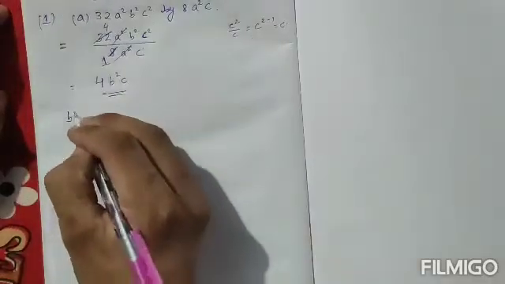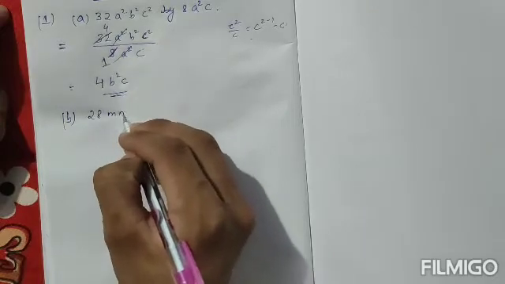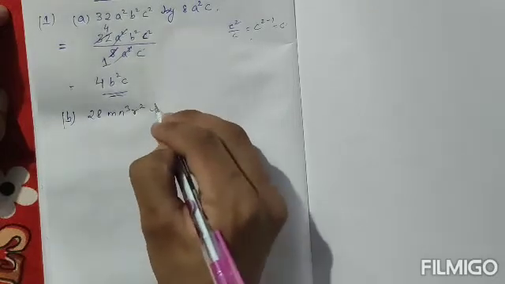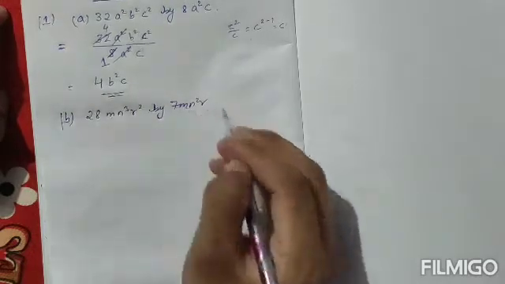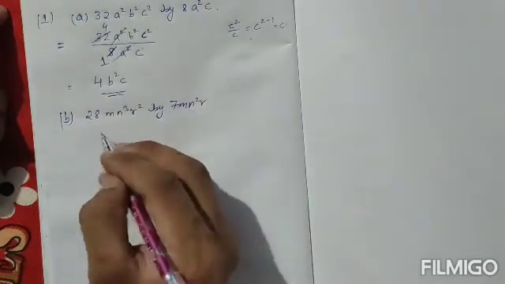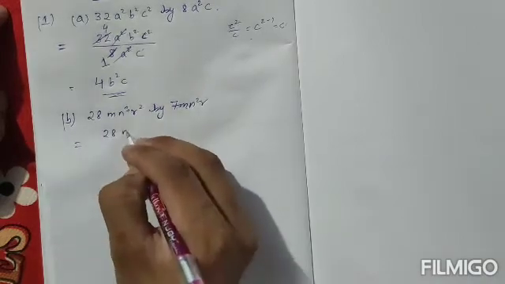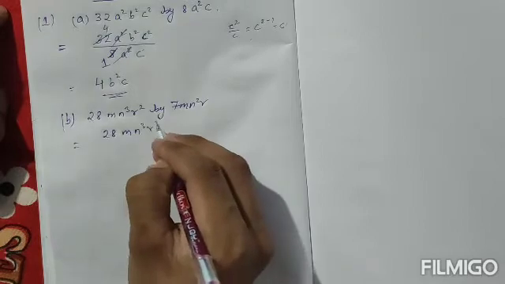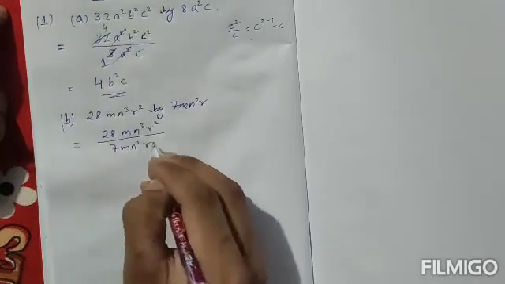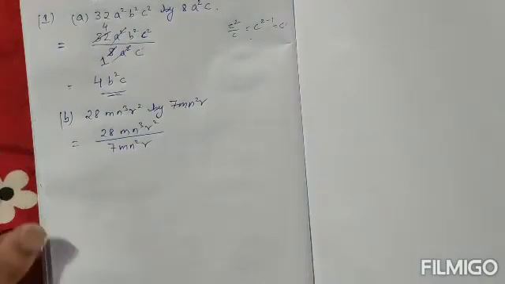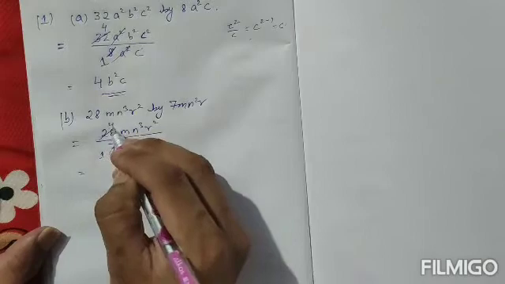So we'll do question number B now. 28mn cube r square divided by 7mn square r. 7 1s are 7, 7 4s are 28.